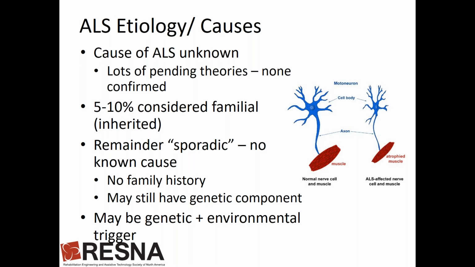They do genetic testing. People can choose whether they want to have genetic testing or not. And of the people that get the genetic testing, only 5 to 10% are considered a familial track of it, so that it is inherited. So then we do a lot with genetic counseling and help them understand, okay, do you want to get tested?